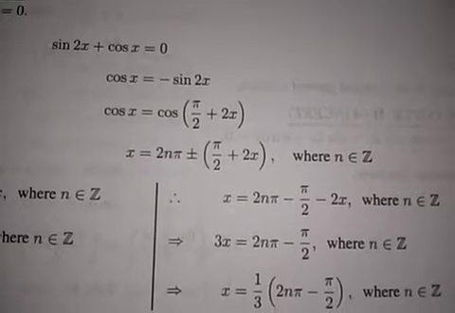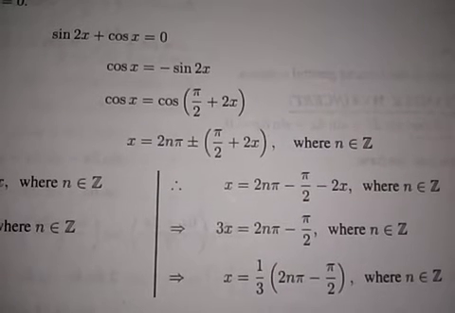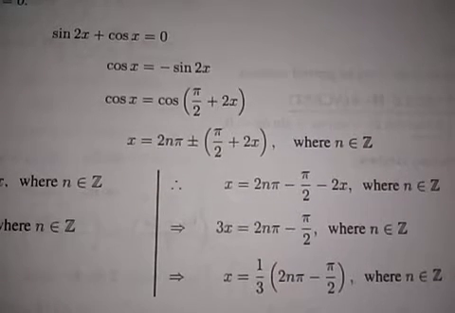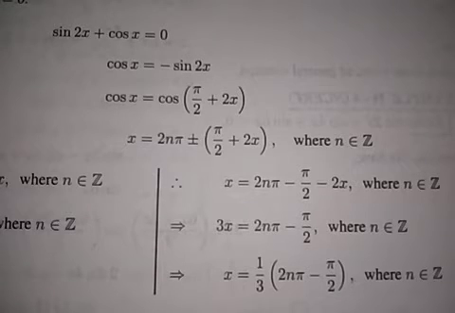After simplification, we have x equal to 1 by 3 (2nπ minus π by 2), where n belongs to Z. This is called the general solution for the given trigonometric equation.